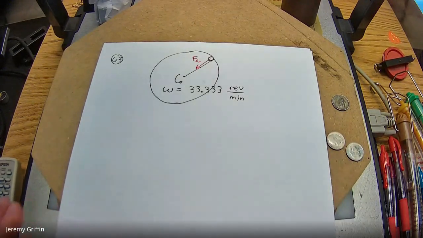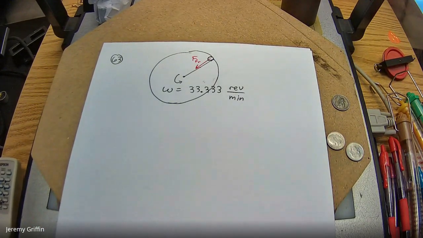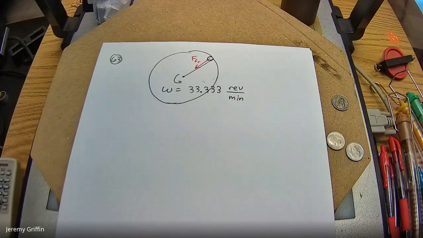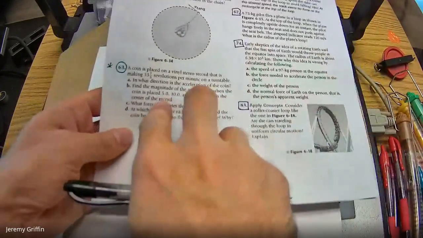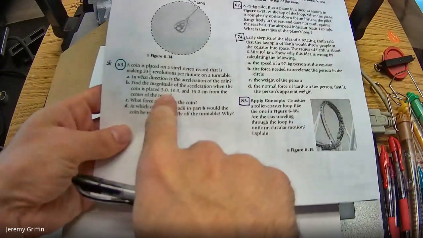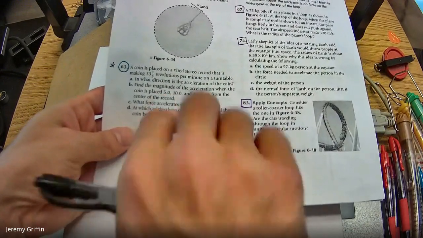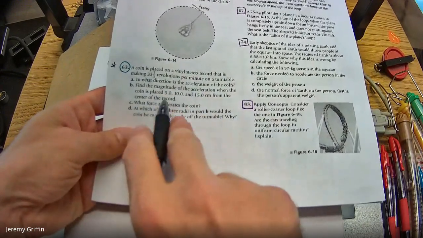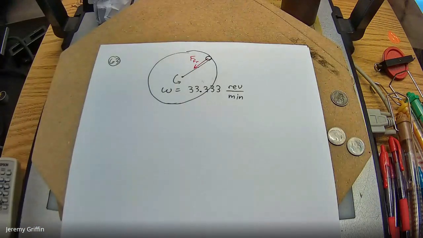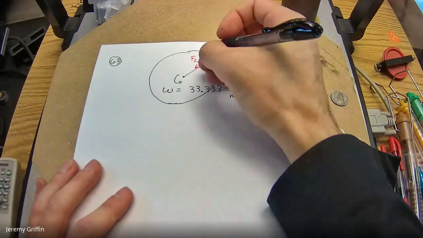Next question says, find the magnitude of that acceleration. So you know the direction is towards the center. But now find the magnitude at these locations: 5, 10, and 15 centimeters from the center. So maybe I need like 3 coins.